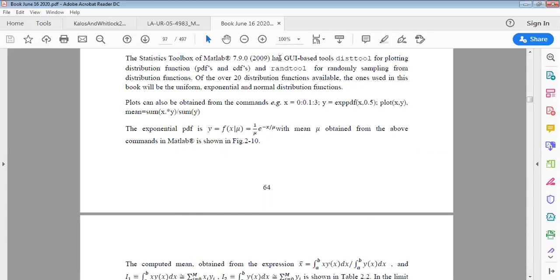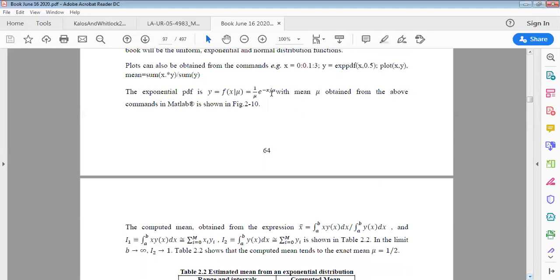But these figures were plotted on the 2009 MATLAB. And I used the random number 2 for randomly sampling from these distribution functions. So there are over 20 distribution functions available. The ones used in my book will be mainly the uniform, the exponential, and the normal PDFs.